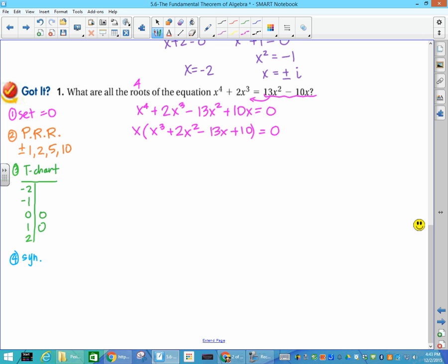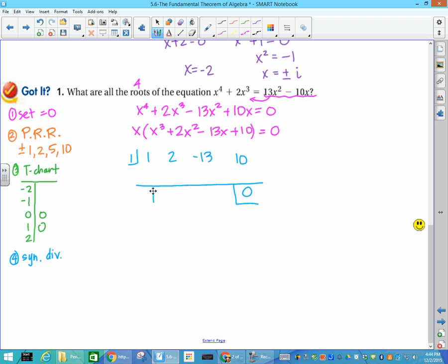So I'm going to take that root of 1, and I'm using this polynomial: 1, 2, -13, and 10. It's a root, so I know I'm going to get 0, because that's what the remainder or factor theorem says.